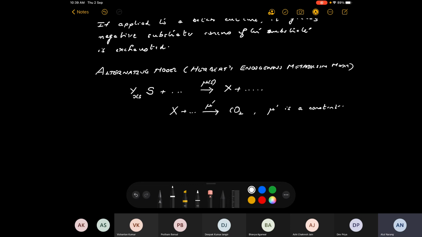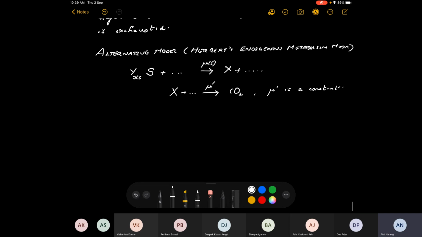So now I suggest that you try this out on your own. This is a minor modification, right? And see for yourself what the differences are in the results that you get from this model.